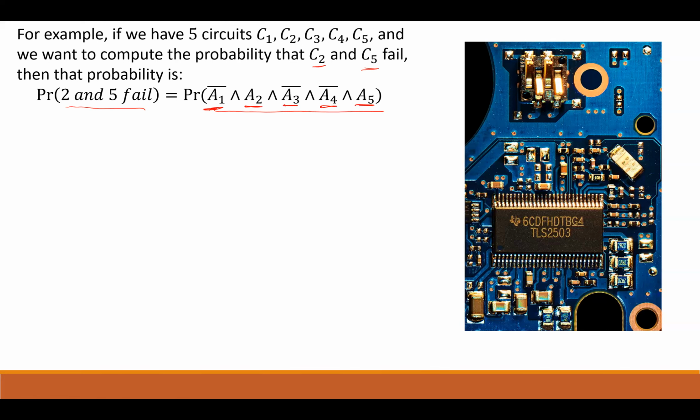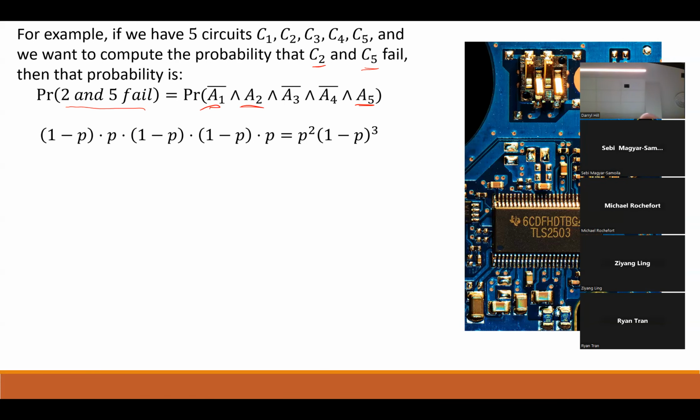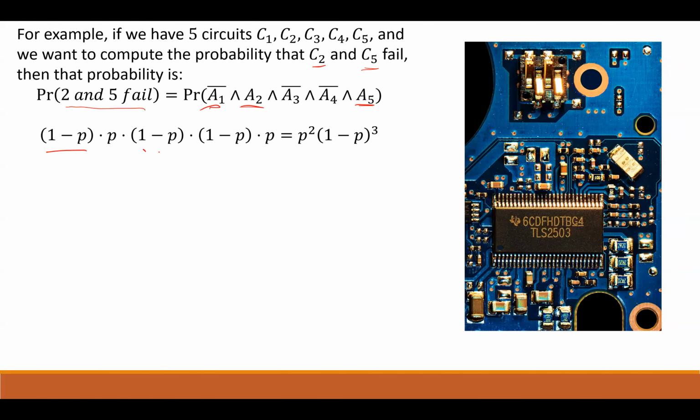Well, that's pretty straightforward. These are all independent, so I can compute the probabilities. I substitute P in for a circuit failing and 1 minus P for when the circuit does not. And I get 3 of these terms, 1 minus P, and 2 of the P's. So that's P squared times 1 minus P cubed, right? So multiplication is commutative. I could just move these terms around and collect them.